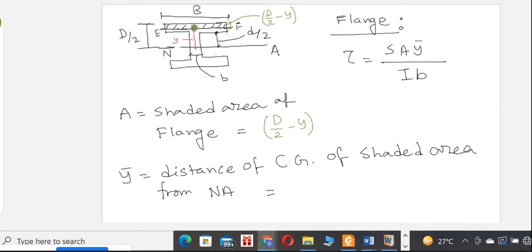Into, as the area is within this flange and the width of the flange is B, so into B. Any doubt? किसको समझ में नहीं आया? If it is fine, then you can tell me the y bar also. Think about it.